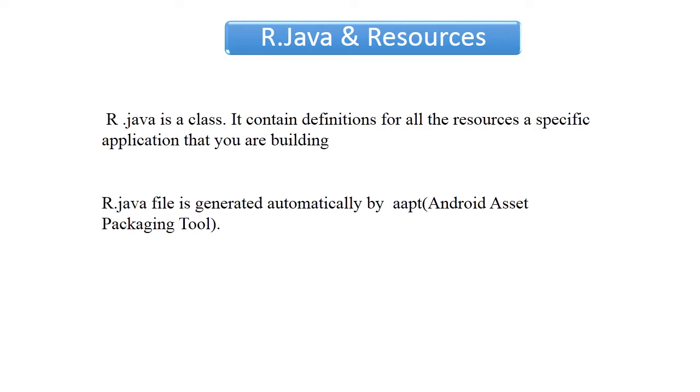If you create a new resource, the corresponding reference is automatically created in R.java via the Eclipse editing tools, and these references are static integer values and define IDs for the resources. The Android system provides methods to access the corresponding resource via these IDs.